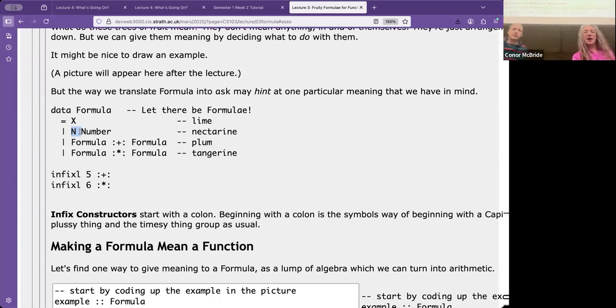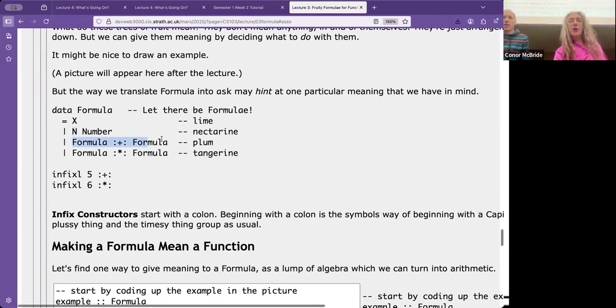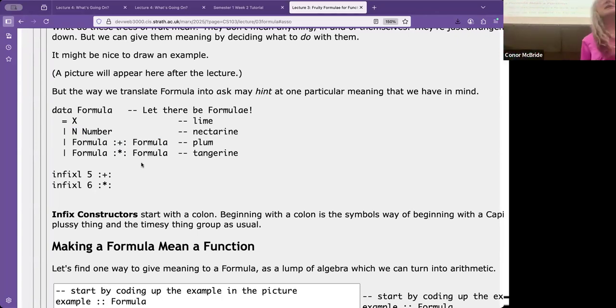And then there are 2 ways to make formulae out of 2 subformulae, namely colon plus colon and colon star colon, which are, funnily enough, going to turn out to be interpreted as adding and multiplying, hence the suggestive names. What's this colon business? For infix operators, you know the distinction between words which begin with lowercase and words which begin with uppercase. The uppercase things are like proper nouns.